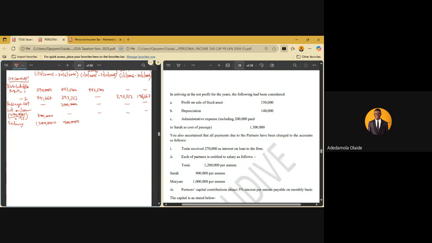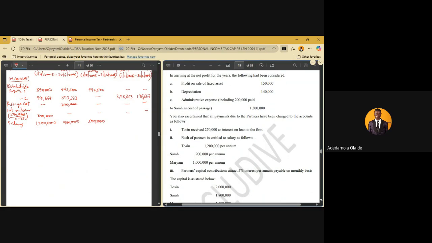But for Miriam, since she was only part of the business for half of the period, she would only get half of the salary also, which is 500,000. Then the next one. Okay, so that's salary. What else do we have?